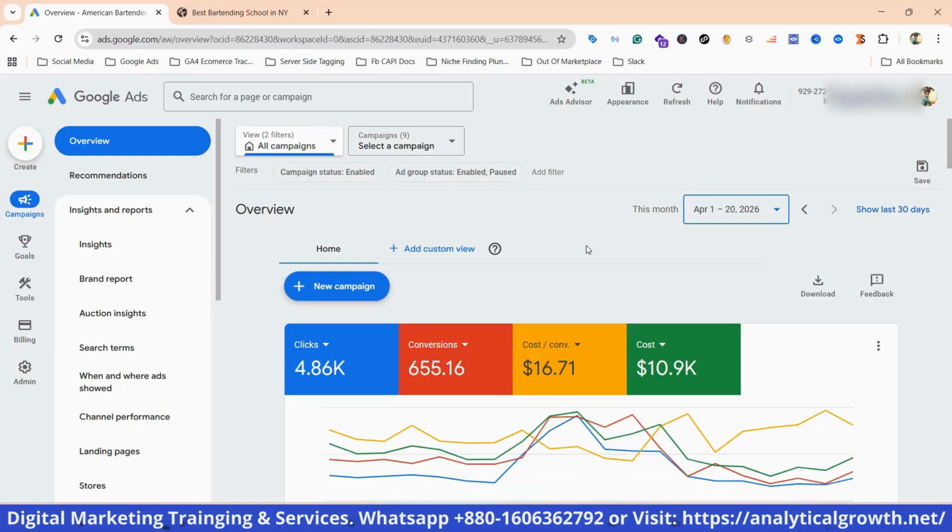His initial cost per lead was $27, bear in mind. I took over the account on December 9, 2025, and I took 3 months. Like I told him, give me 3 months, then I'm going to reduce your target CPA, or cost per lead, from $27 to $20.